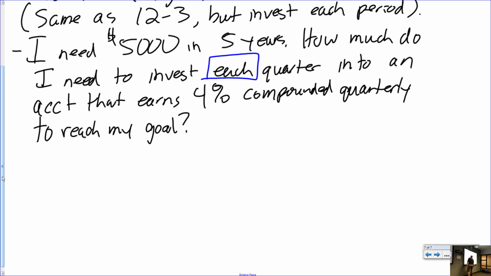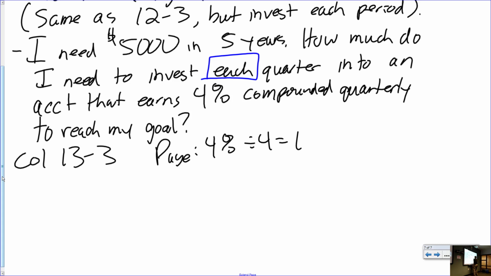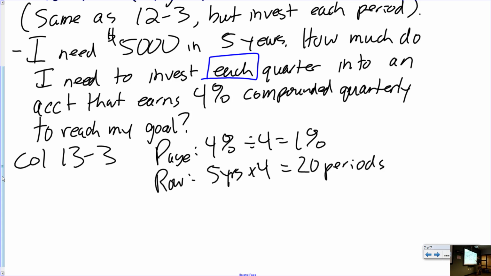All right, so this is column 13-3. What page am I going to go to, though? 1%, because the mechanics are all the same, right? What row am I going to go to? Row 20, because again, 5 years, 4 quarters per year, so I've got 20 periods.